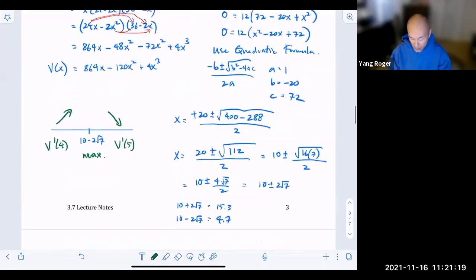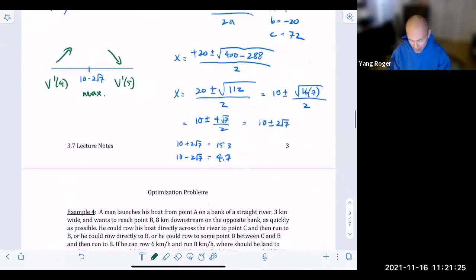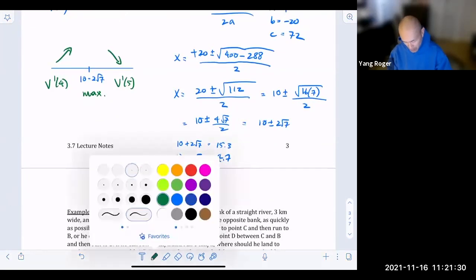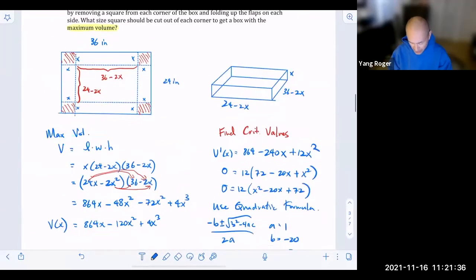So in the end, they wanted us to know what size square should be cut out to maximize the volume, and the answer to that question is 10 minus 2 root 7. Let's see what our units are: inches.